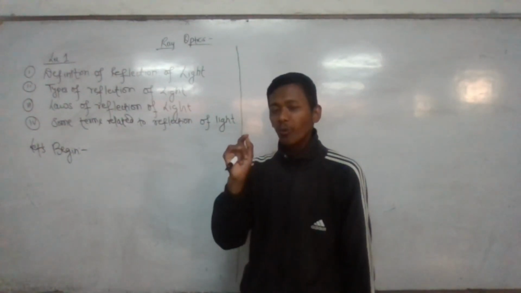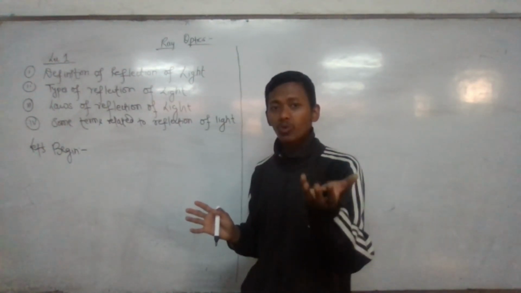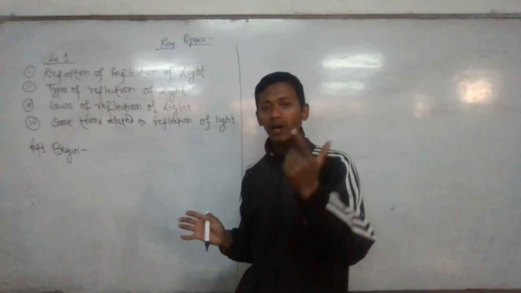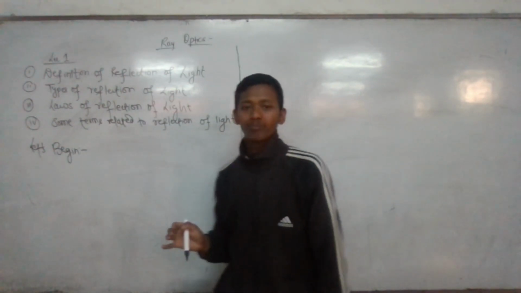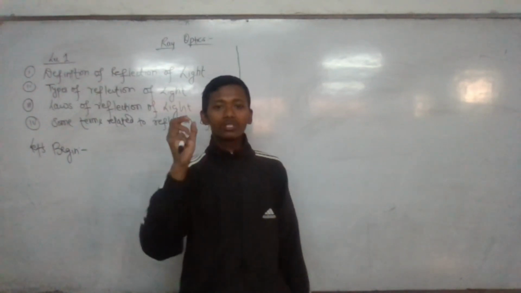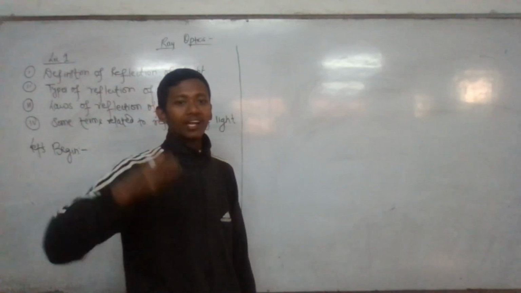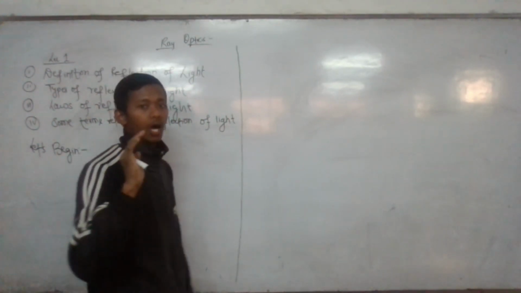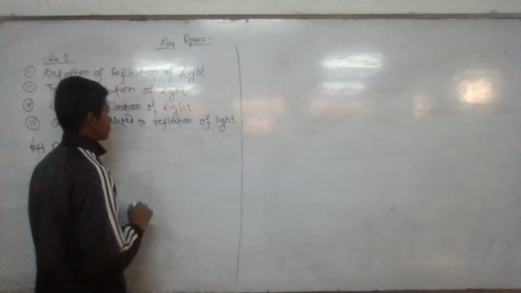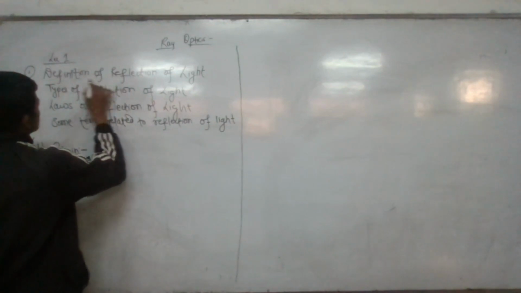So whenever anyone asks what is the reason for good image formation on the mirror, the main reason is the silver, which is a metal, a good reflector and a good luster substance, and forms our image in a very perfect way. So now we begin the definition of reflection of light.